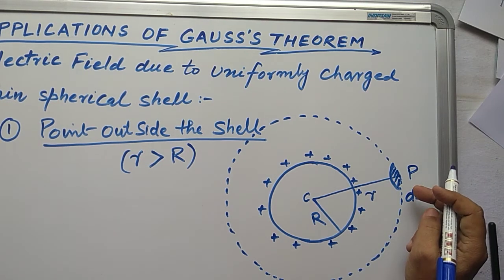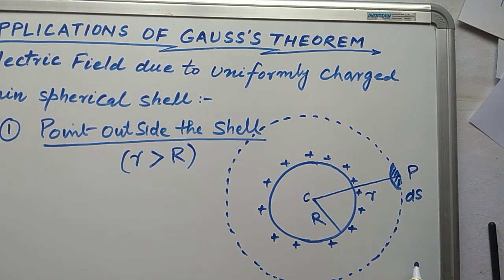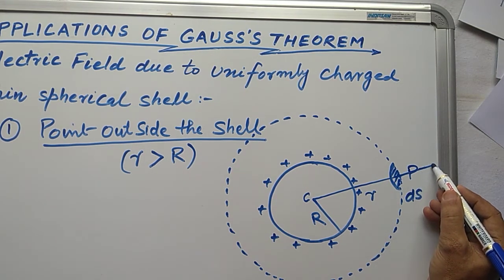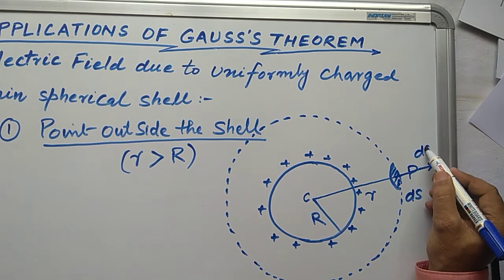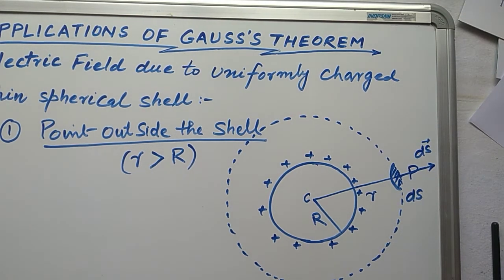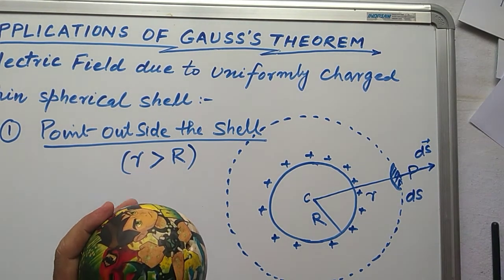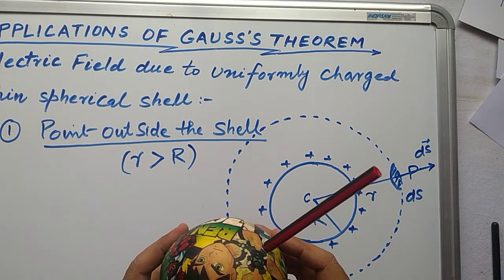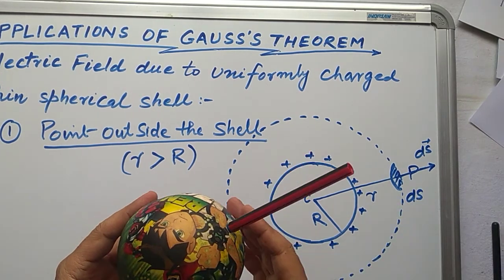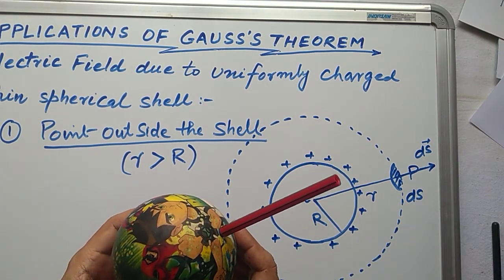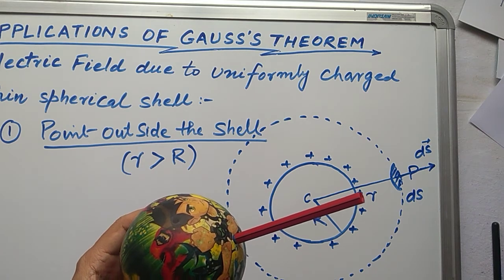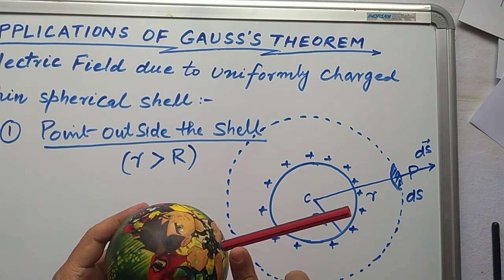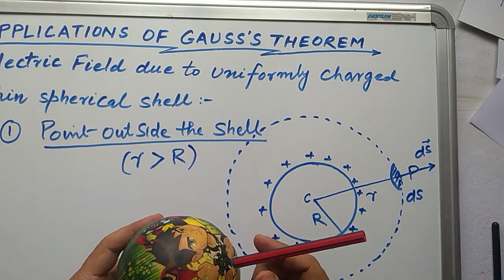Now, what is the direction of the area vector at this point? It will be radially outward. Suppose this is the Gaussian surface. So, this is the direction of the ds vector, a small area vector, for this element.